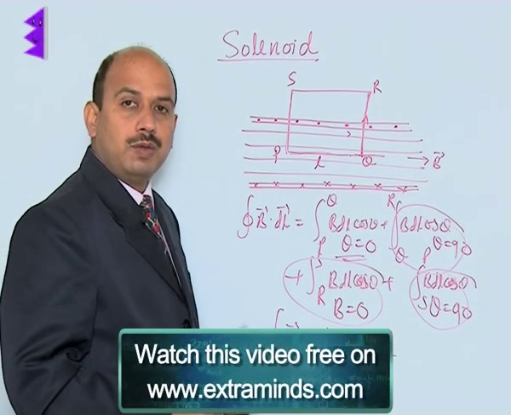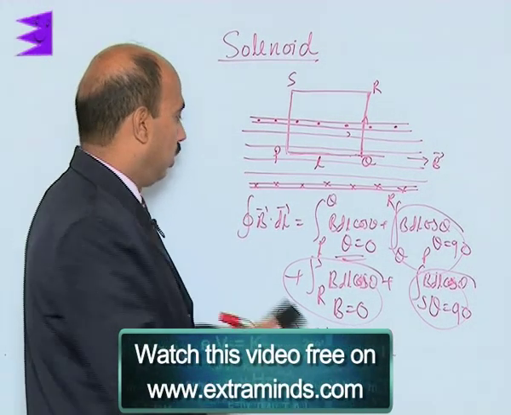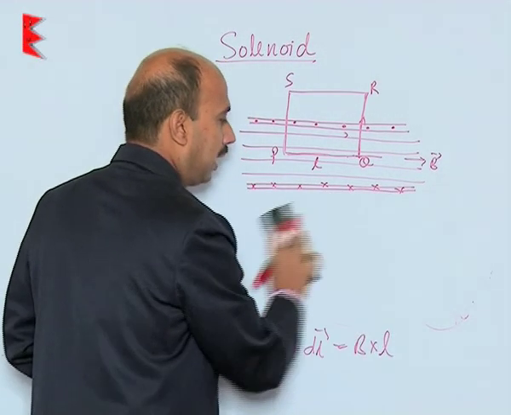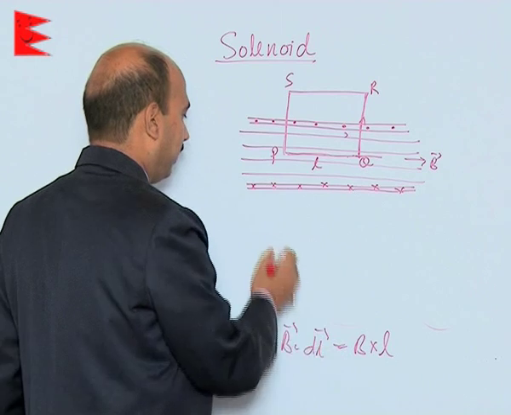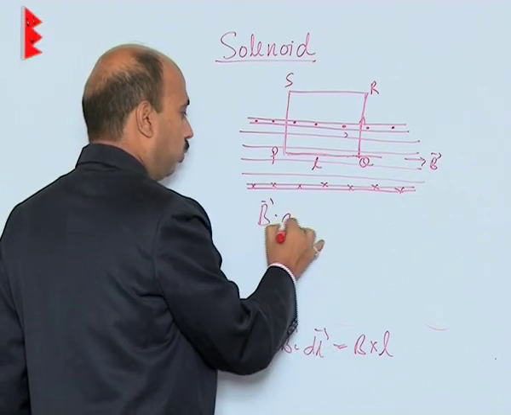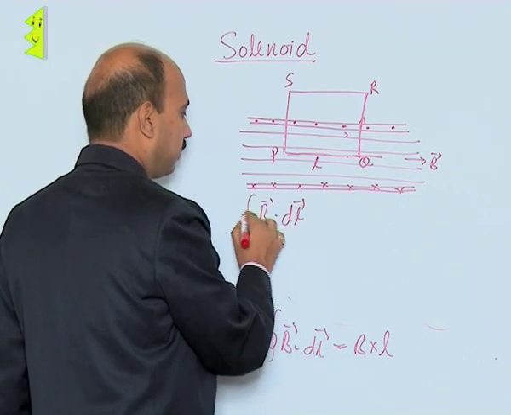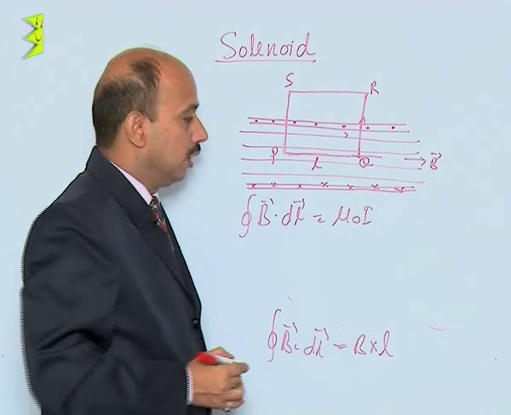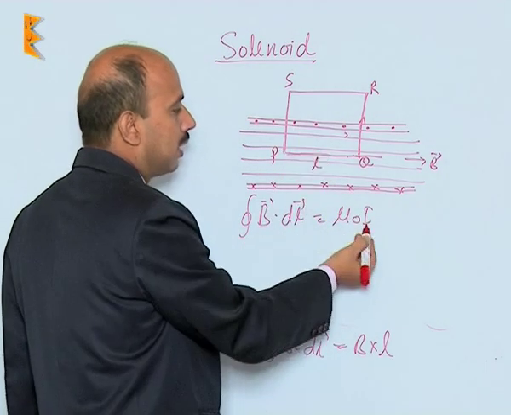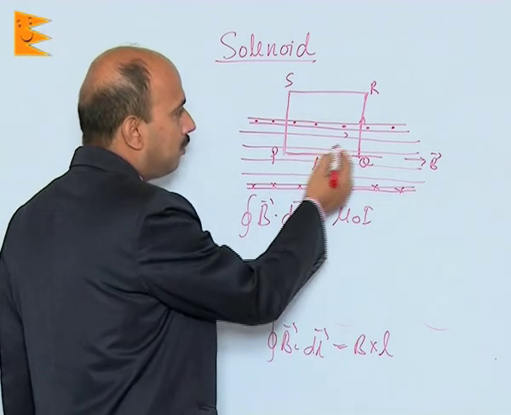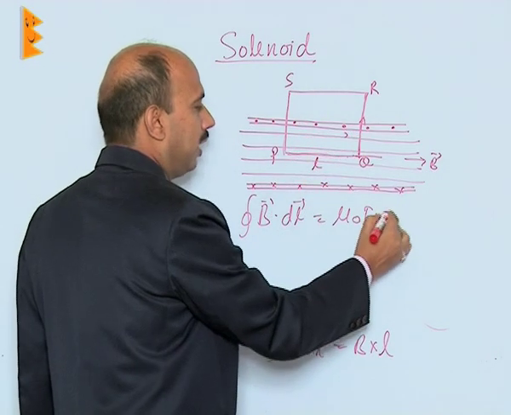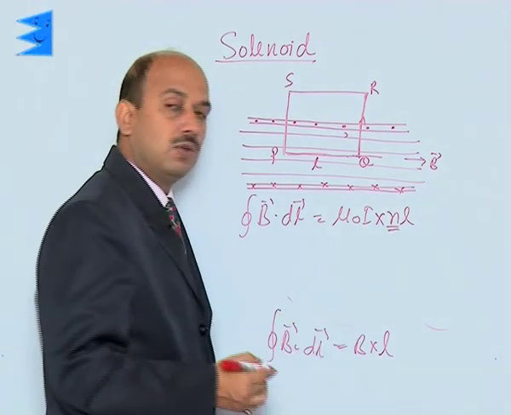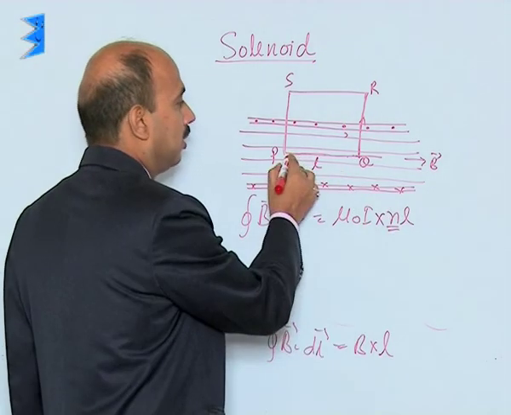According to Ampere's circuital law, the total line integral of the magnetic field over the closed path is equal to mu naught times the current enclosed by the loop. In this loop the total number of turns is N times L, where N is the number of turns per unit length and L is this length.